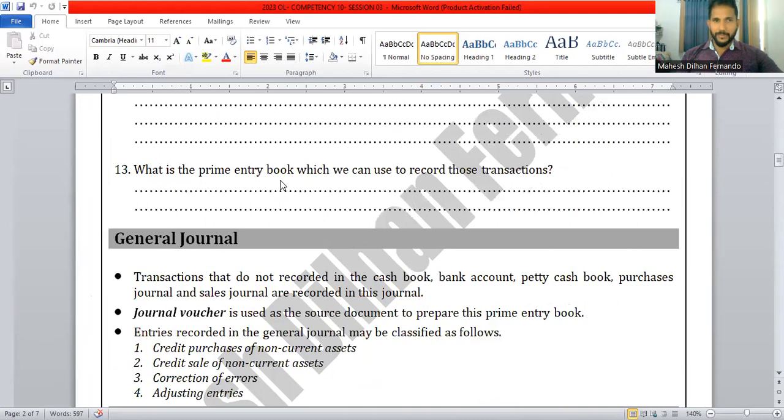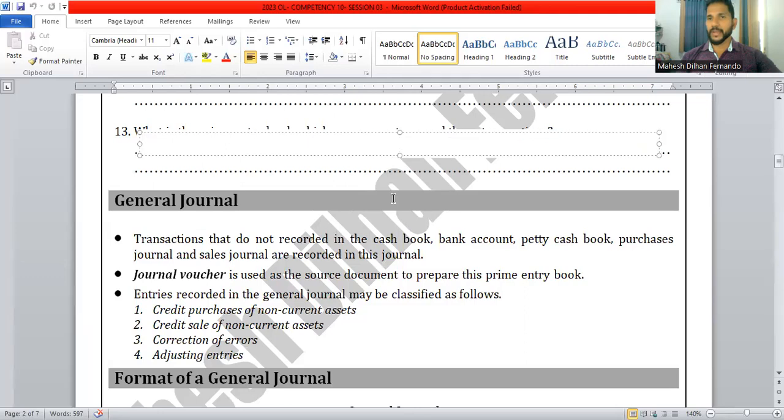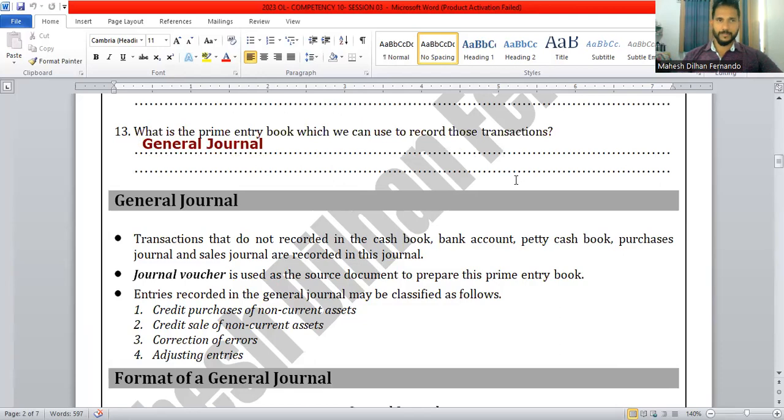What is the primary book which we can use to record those transactions? Those transactions can be recorded using this primary book, that is general journal.